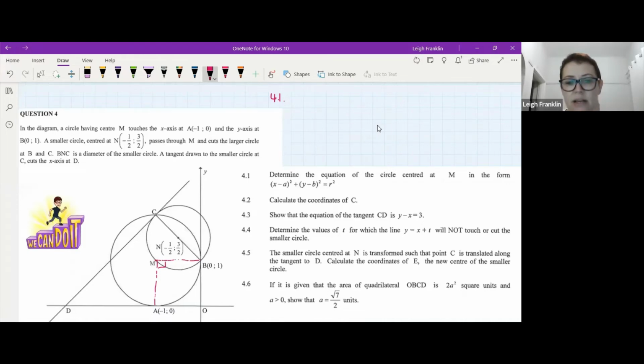And the distance that M is from the x-axis would be the y-coordinate at B. So that means that the coordinates at M have to be -1 and 1.